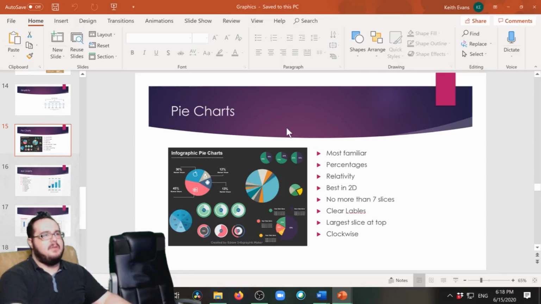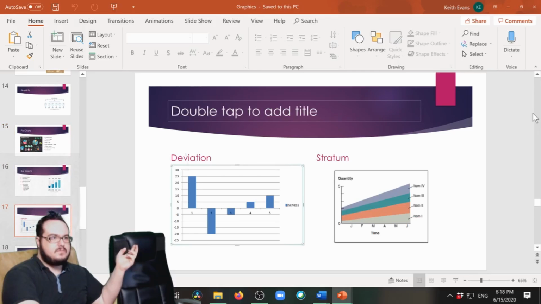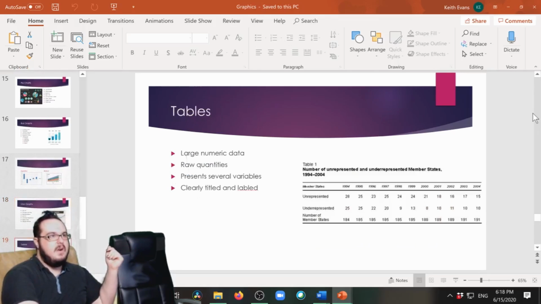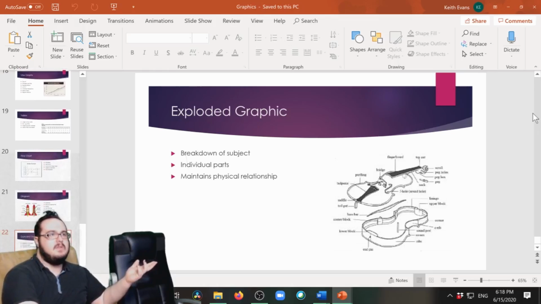And there are different types of graphics, and I give a little rundown of all of them, what to do and what not to do with each one. These can all be made in Microsoft Word easily. There's also pictures you can make yourself, the different types of pictures and how to diagram them out and why you would use them.